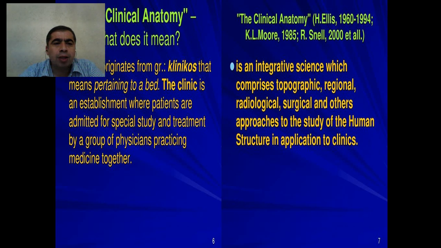And the term clinical anatomy, of course you know what anatomy is. It's the cutting, the method of the anatomy, but not only one method. The main method is the dissection. But the term clinicos means pertaining to a bed.